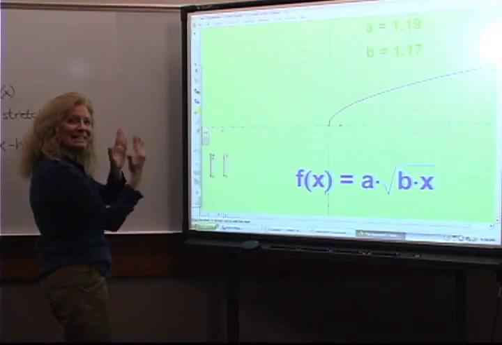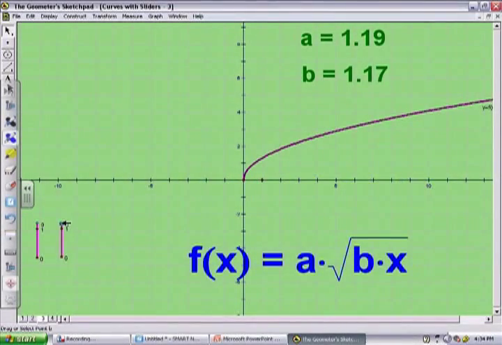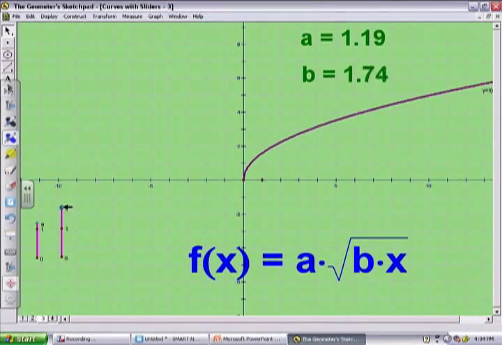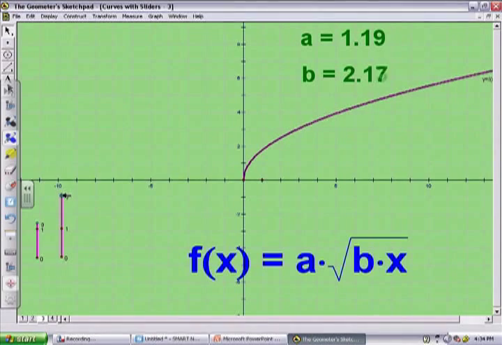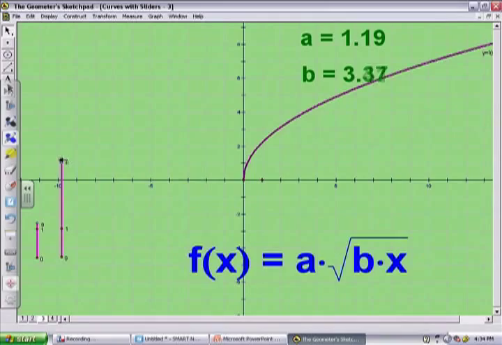Now remember, the b is this, okay? So let's watch what happens as we try to move b. In this case, b is getting bigger, which actually means it's being compressed in towards the axis.